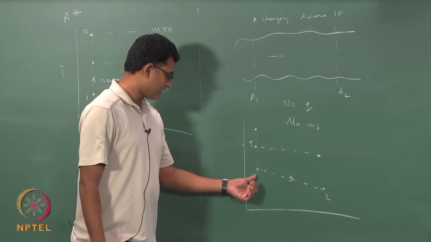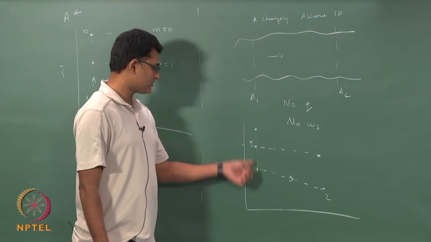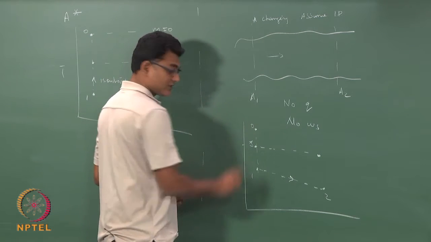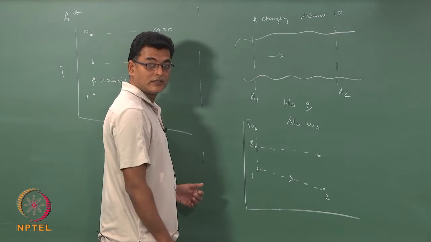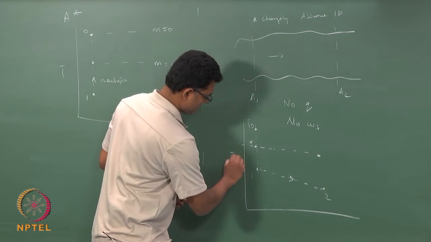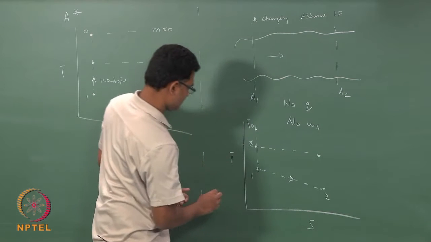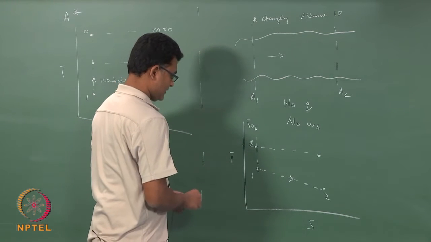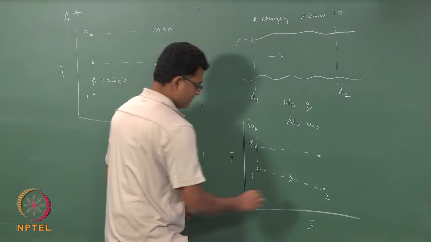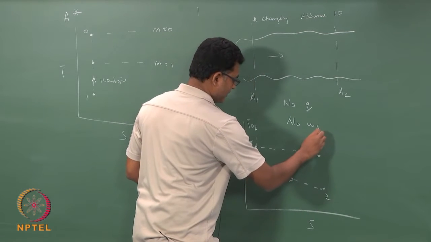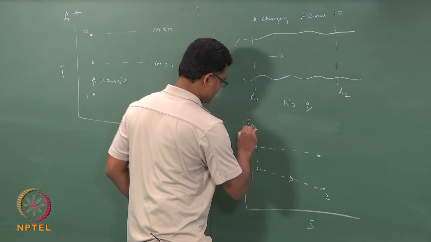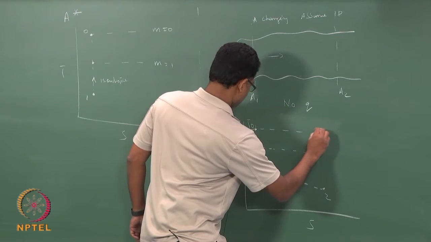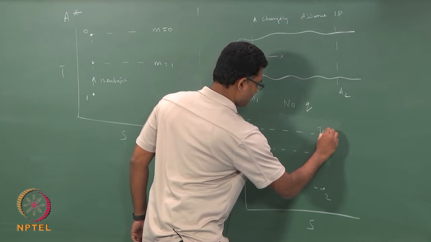So, at the point 1, I also have a state which is the stagnation point, which is my T0,1. And with the point 2, I also have the stagnation point, which is the same as T0,1.